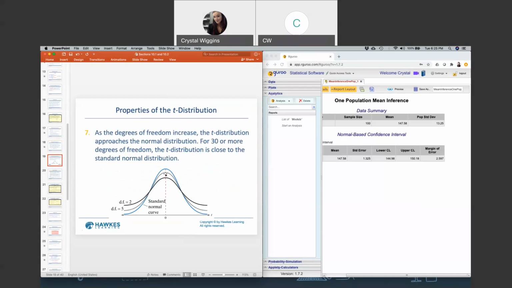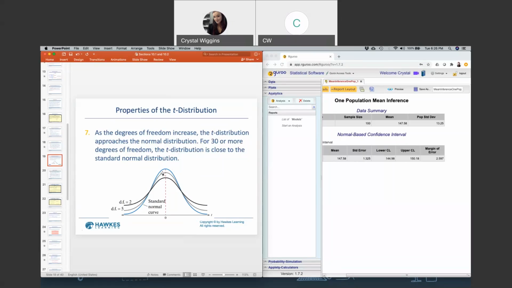So, picture the standard normal curve, this blue line, as Big Brother. So that's the z distribution. The blue curve is the z distribution, and the black and gray are the t depending on the degrees of freedom. So you can see as the degrees of freedom get bigger and bigger, we get closer and closer to the z distribution.